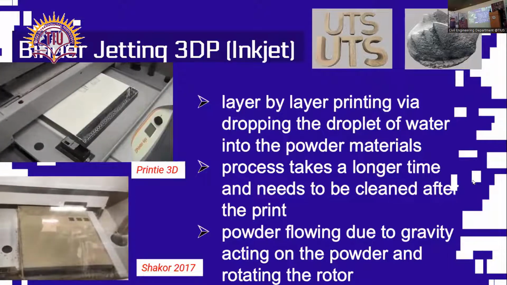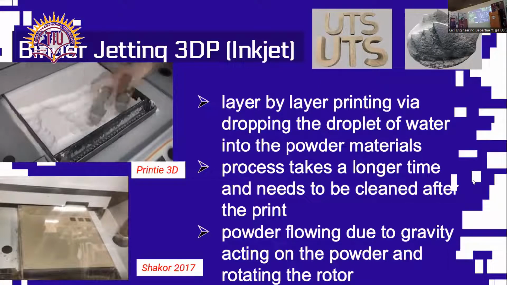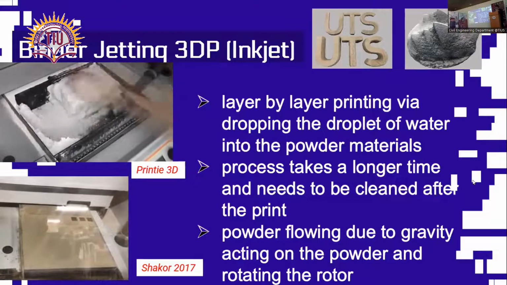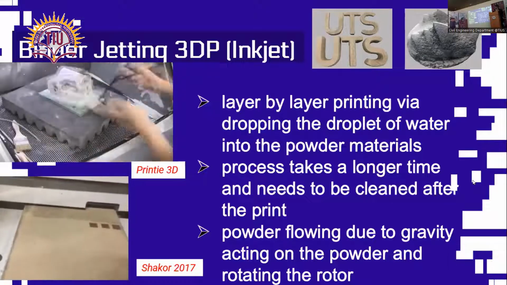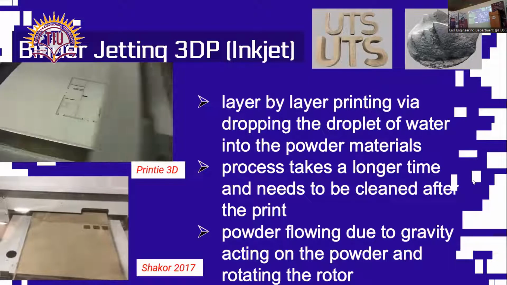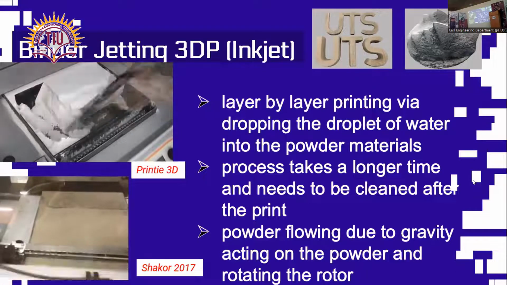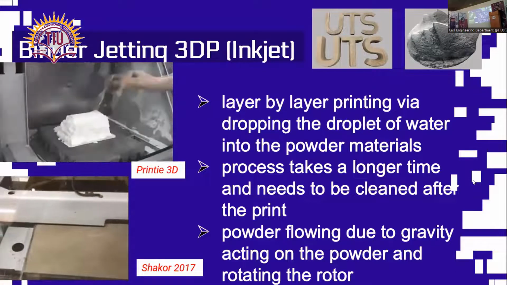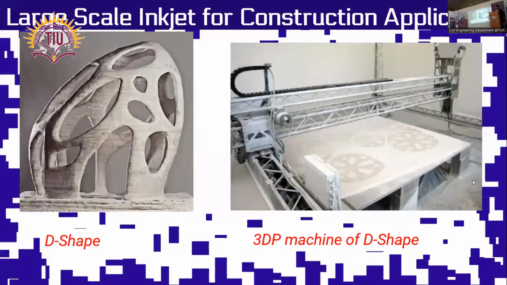And the rotors help the powder flow out from the back of the printer. In those pictures you can see the Opera House and UTS. You can make any geometry that you want. Complicated geometry can be affordable. Geometry that you have not even thought of, you can make it by 3D printing.